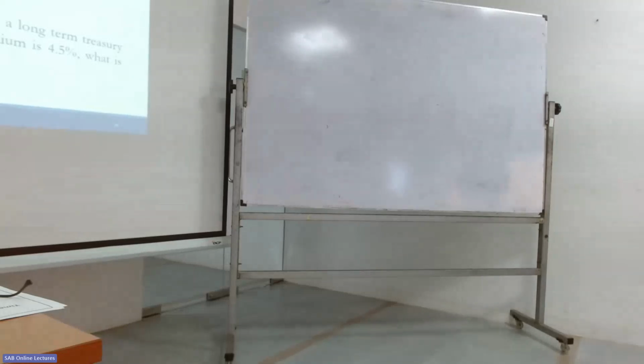Because relative to the market portfolio, if the economy comes down and the market return or share price index return drops by 1%, for this particular company the drop is 1.5%, more than that. So that is high systematic risk.